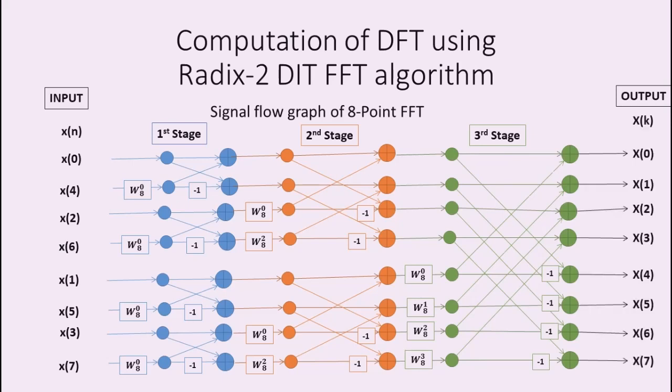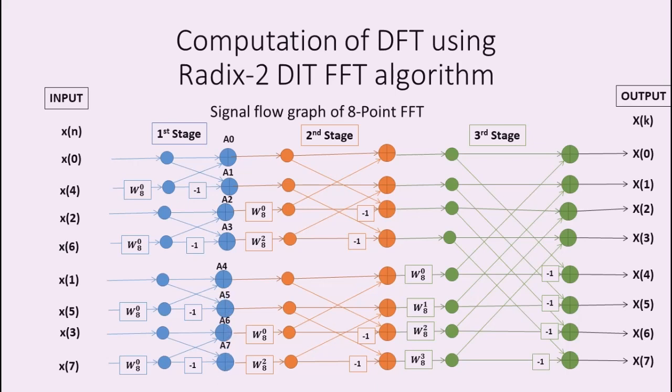Now we put node names for the output of every stage. For the first stage we put node names A0, A1, A2, A3, A4, A5, A6 and A7.